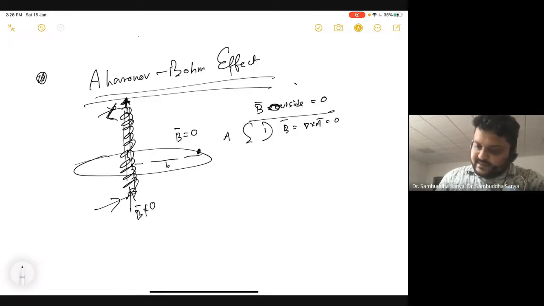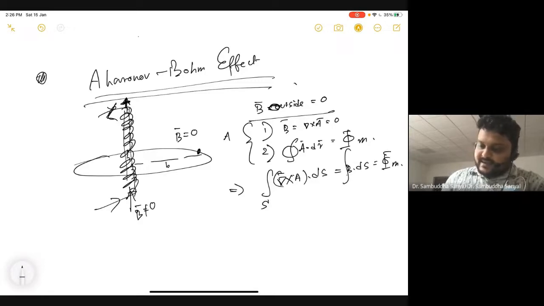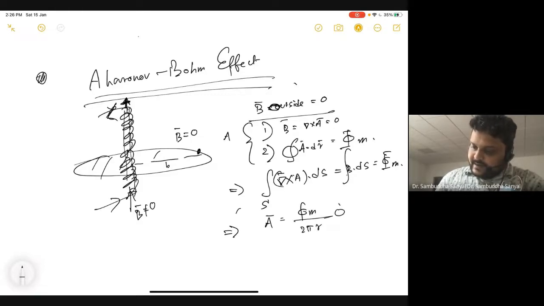And the other is that the closed integral of A dot dr is, as you have done in electrodynamics, the integral of curl A dot ds, that is B dot ds, and since there is a B piercing this surface, it is non-zero, and that means you get A equal to the flux over 2 pi r, phi cap in cylindrical coordinates, of course, because there is cylindrical symmetry.